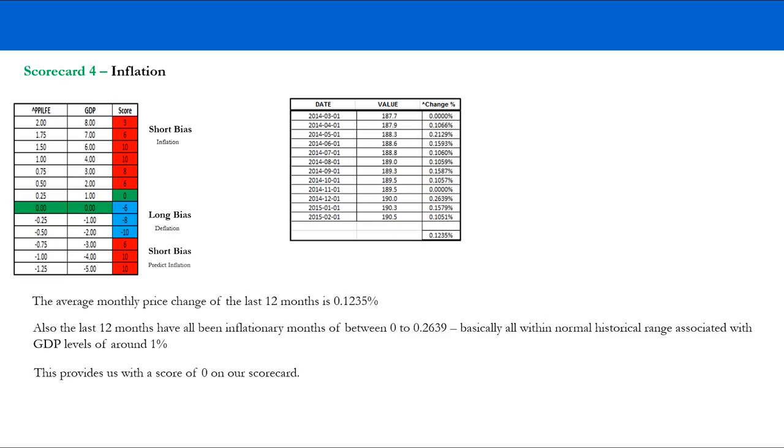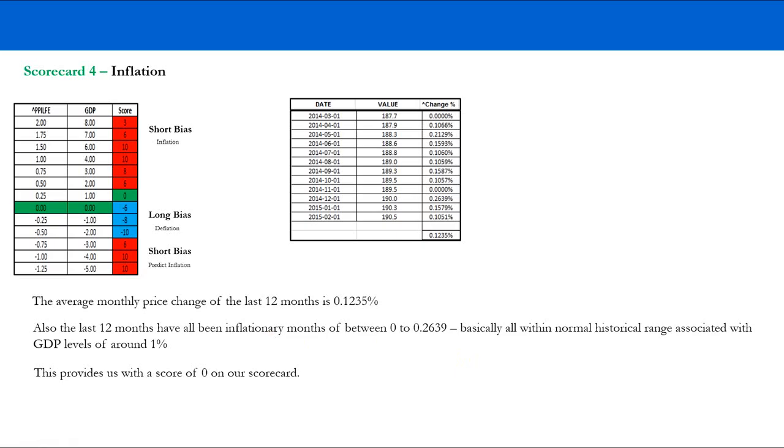One point to note, the last 12 months have all been inflationary months, between 0 and 0.2639, and that's basically all within the historical normal range, but it is tending towards below average.